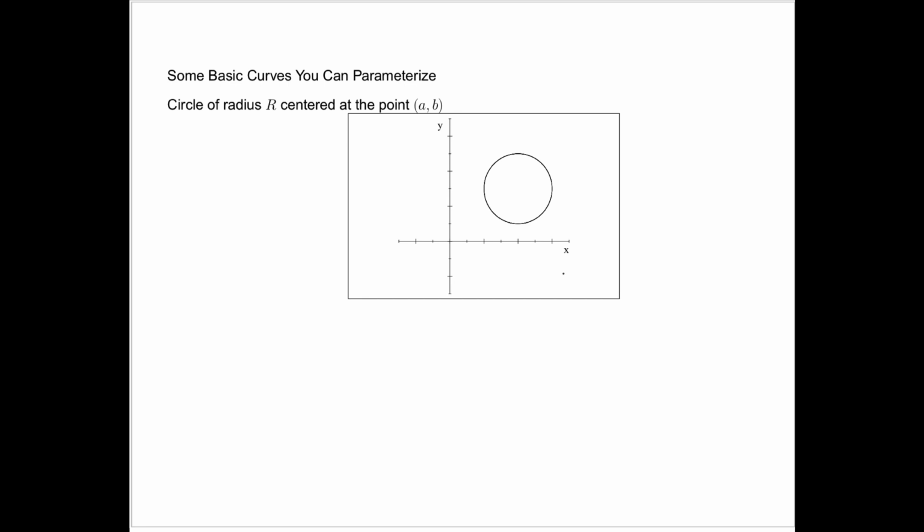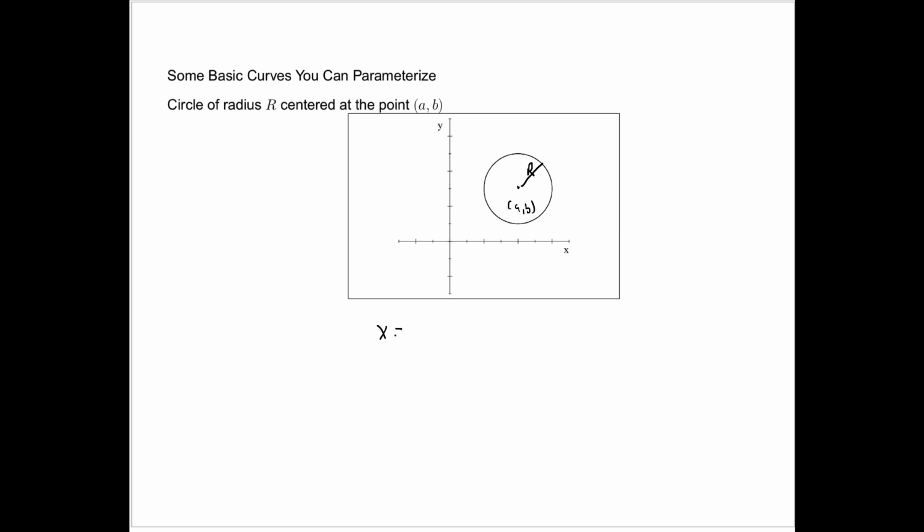If we want to talk about a circle with a different center, say the center of the circle is the point (a, b), and again we have a radius which we'll call r. Is there a simple way to parameterize this? Yes, we just take the parameterization for the circle that we saw in the previous slide, and we shift everything to have it centered at the new point (a, b).